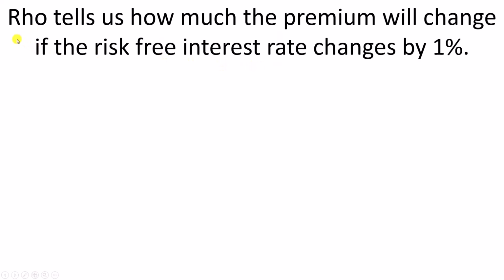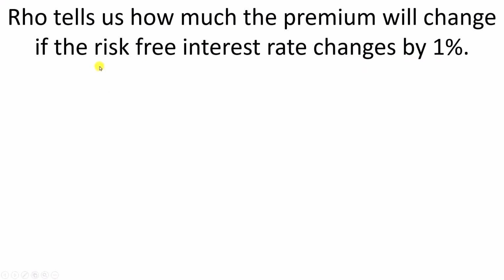Basically, what rho tells us is how much the premium will change if the risk-free interest rate changes by 1%. Premium will change means either positive or negative, meaning the premium will increase or decrease if the risk-free interest rate increases or decreases by 1%.